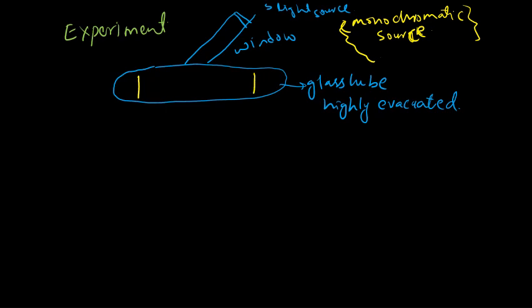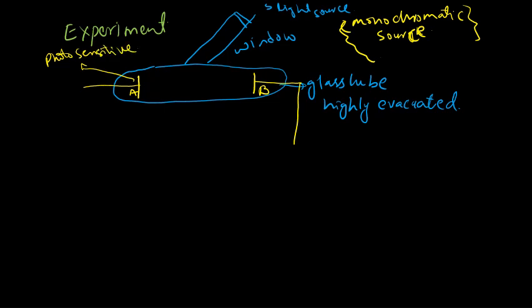There are two metallic plates inside the glass tube, this one is plate A and this one is plate B. Plate A is the photosensitive plate.